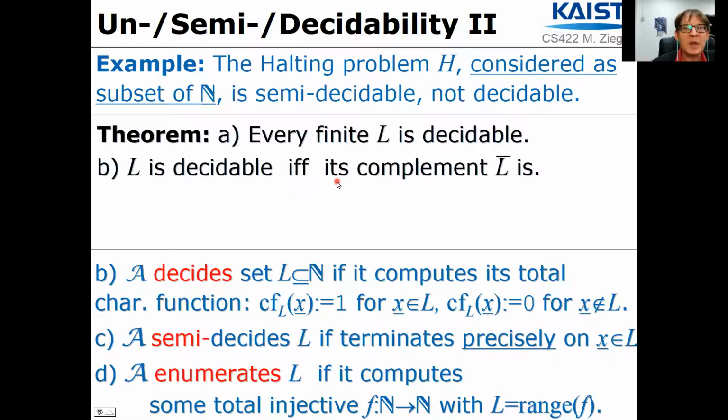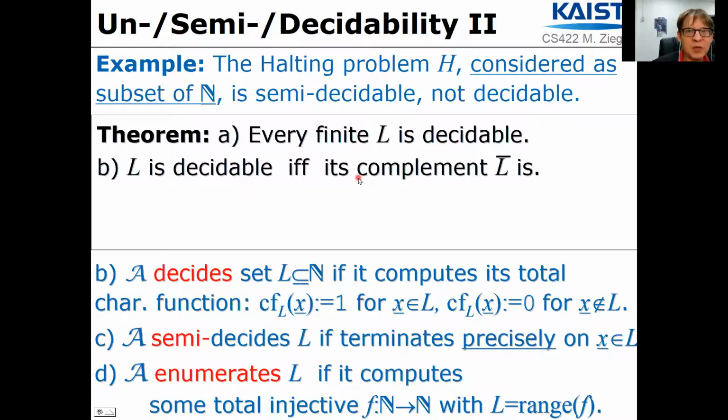The second claim of the theorem is about a closure property. The closure property says that a subset L of natural numbers is decidable if and only if its complement, the set of natural numbers which do not belong to the set, is decidable. Again, the simple proof will follow in just a minute.